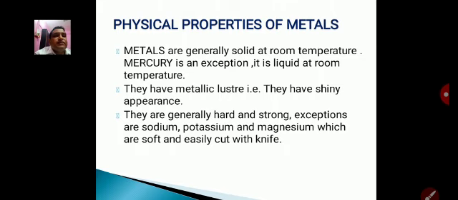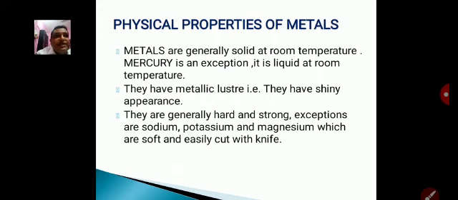Now we have to discuss the physical properties of metals. Metals are malleable and ductile elements which are good conductors of heat and electricity. Metals are lustrous and shiny. Metals are usually strong. They cannot be cut easily. All the metals are solid except mercury, which is a liquid at room temperature. Metals have high melting points and boiling points.